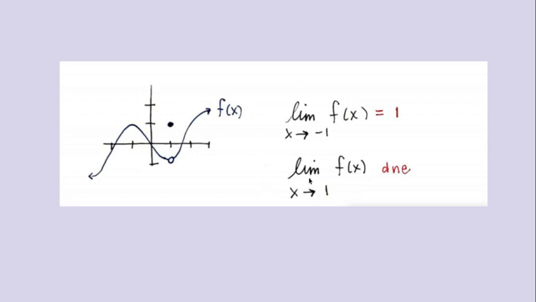Now, what if I wanted to find the limit of the function as I approach positive 1? Here's an issue. As I approach 1 from the left, I'm coming down to 1, but there's a hole. As I approach 1 from the right, I'm also approaching 1, but there's a hole. Now, my actual function value is 1, not negative 1. So therefore, I would say that the limit does not exist.